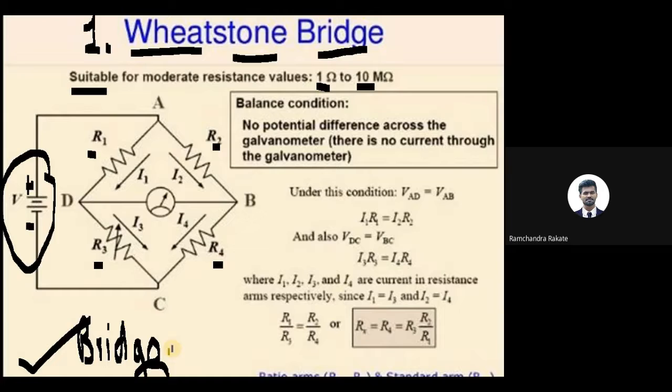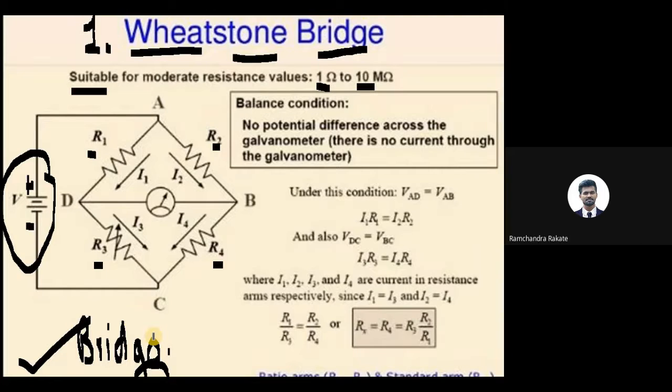Now how can we find the value of resistance? We are looking for different methods to calculate the value of resistance. In your syllabus we are looking at 5 methods, and out of 5, this is the first one, the Wheatstone bridge, one of the simple methods.